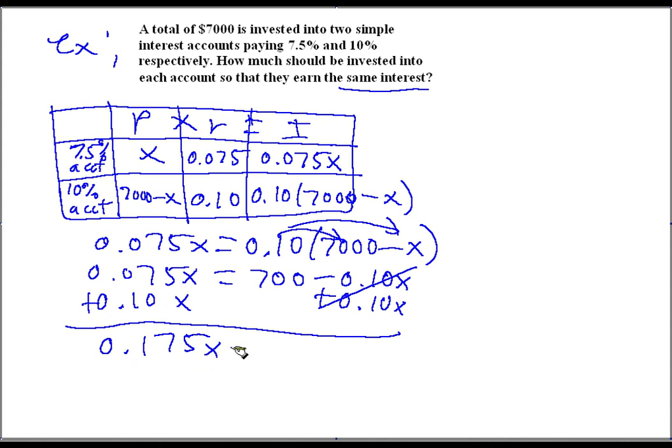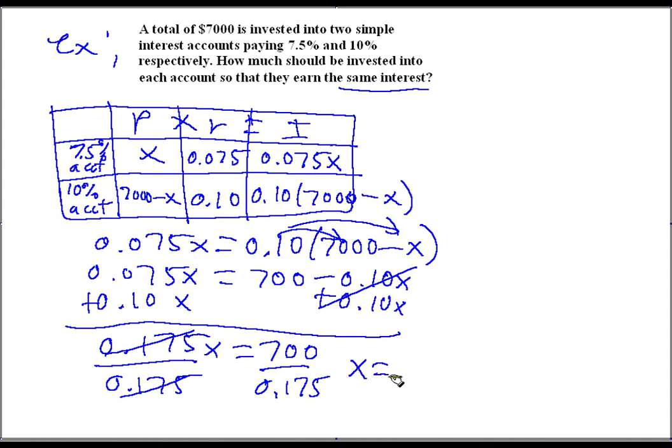So 0.175x equal to 700. Let's divide both sides by 0.175 here. Therefore x will be equal to, let's punch in the calculator, 700 divided by 0.175, $4,000.